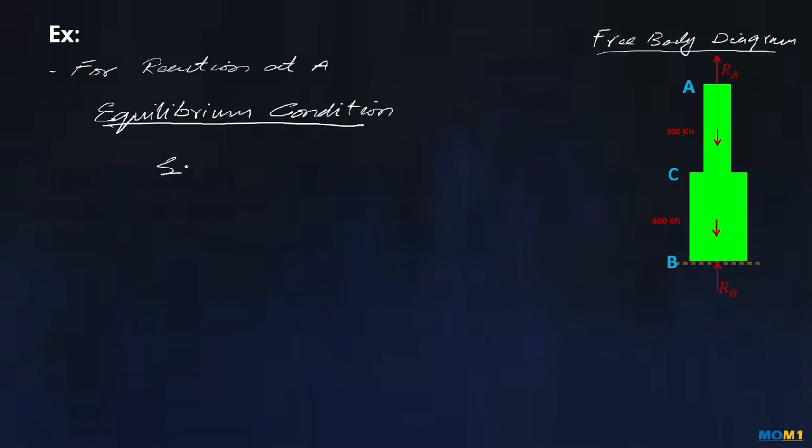So summation of forces along the y-axis is 0. In this case RA minus 300 kilonewton force minus 600 kilonewton of force plus RB equals 0.